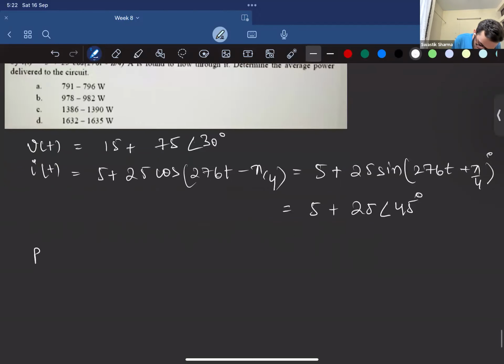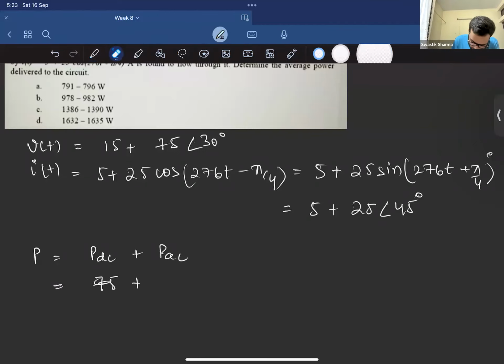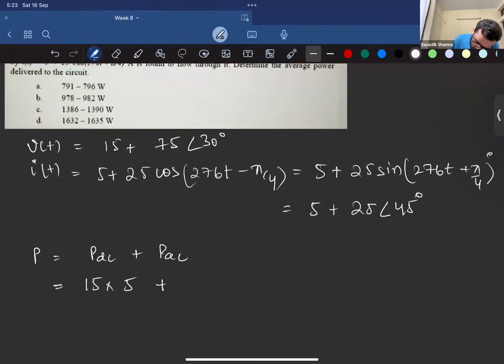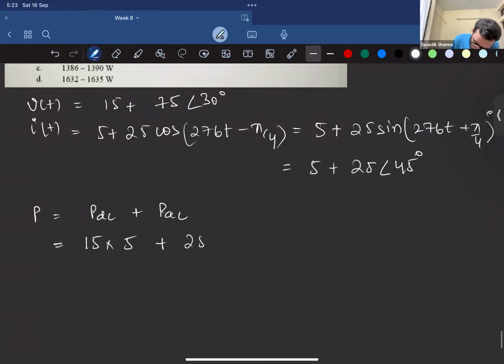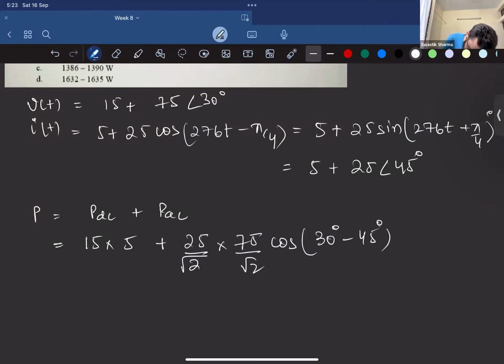Now power will consist of a DC term plus an AC term. The DC term is nothing but 5 into 75, which is 15 into 5, plus the AC term, which is the RMS value of current multiplied by the RMS value of voltage, cosine of the phase angle difference, which is 30 degrees minus 45 degrees.